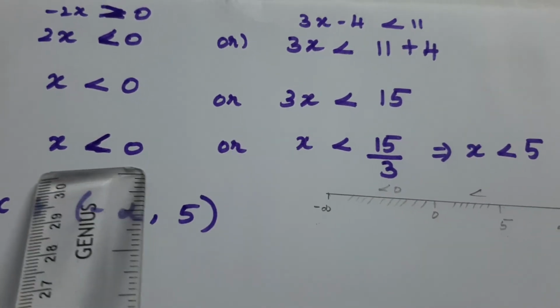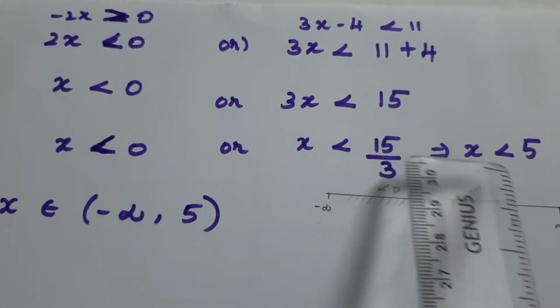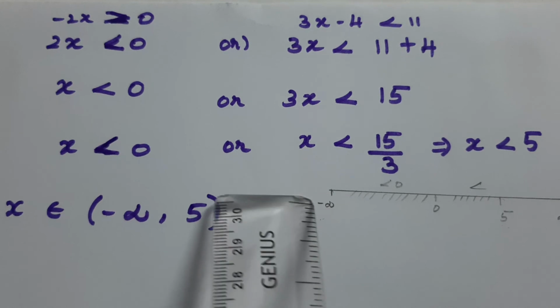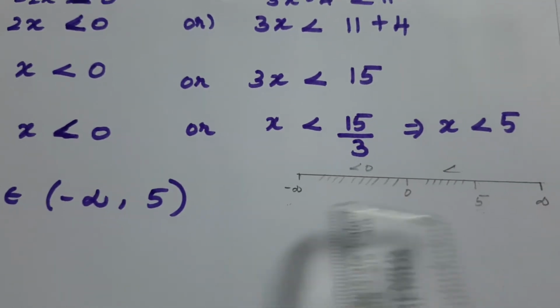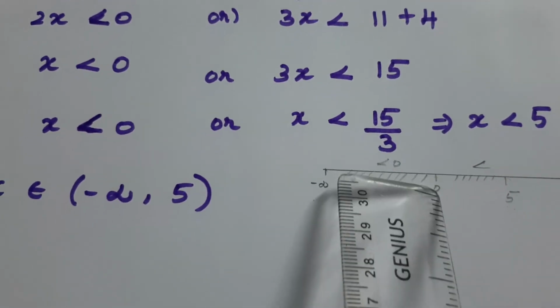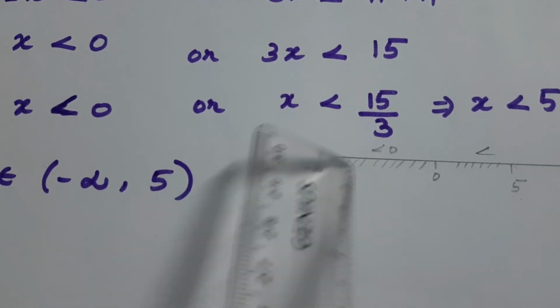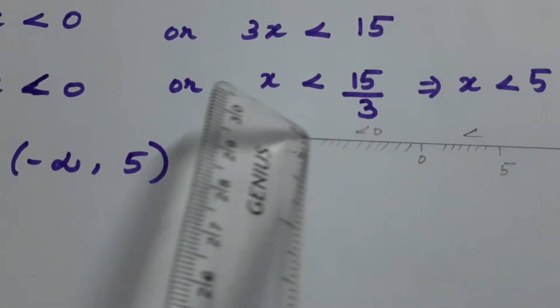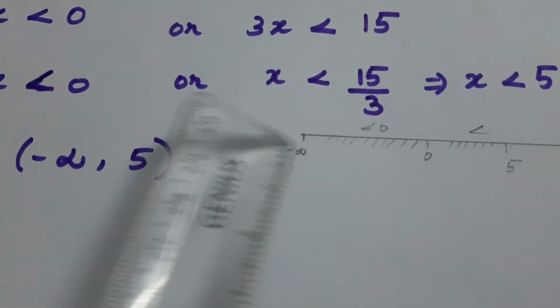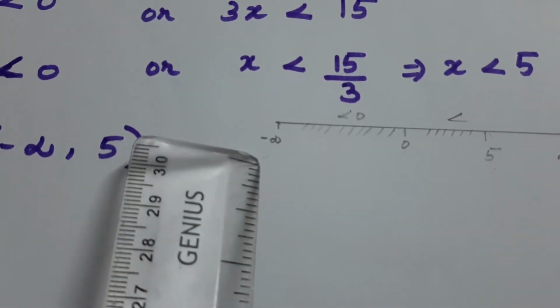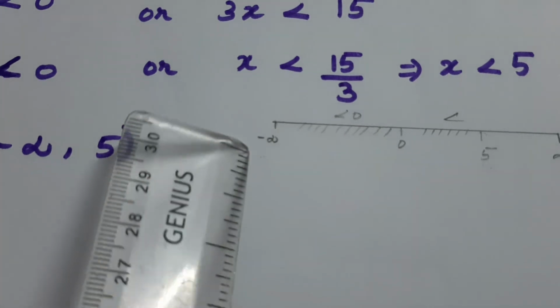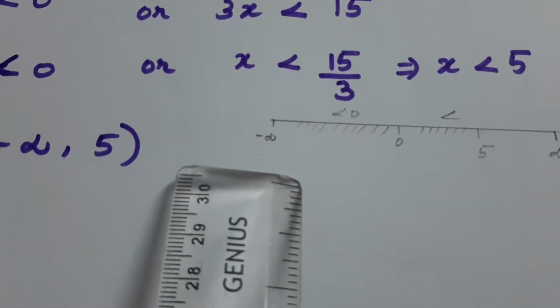So, now see x less than 0 and x less than 5. So, first write in the number line 0 and your 5. Less than 0 means negative side. This side less than 0 means this is your less than 0. So, here the number is not particularly mentioned. So, you have to take it minus infinity. Till minus infinity is less than 0 values.